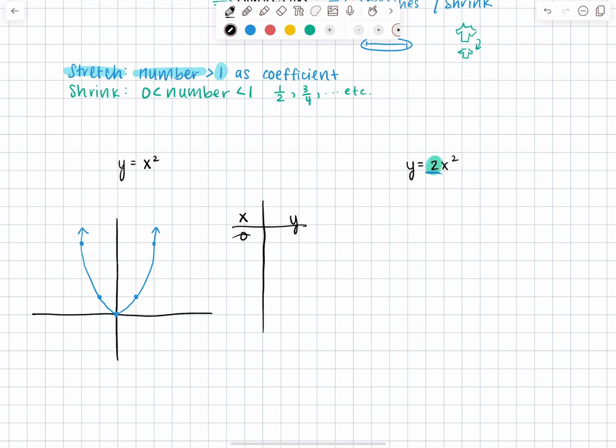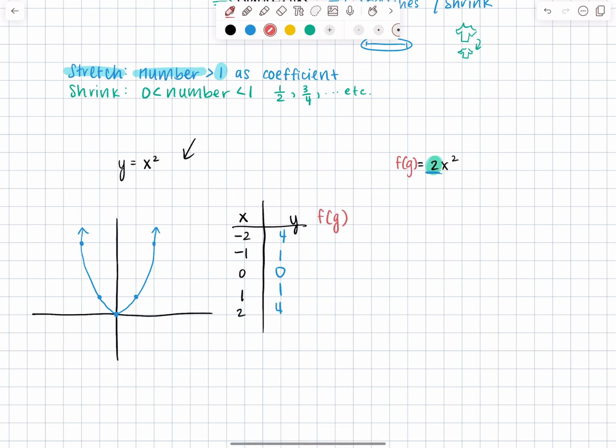Okay, let's start with -2: -2, -1, 0, 1, and 2. For this side, we got 4, 1, 0, 1, and 4. But here, when you multiply by 2 for the new y, let's call this g of x.